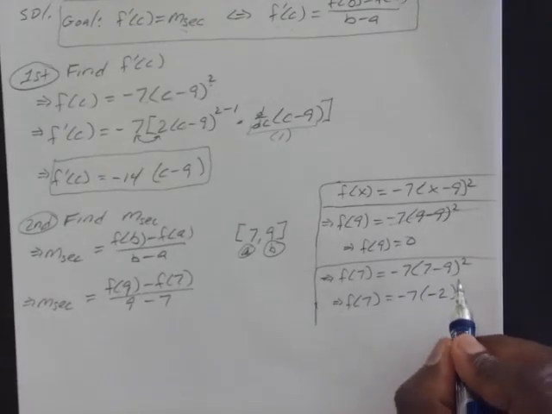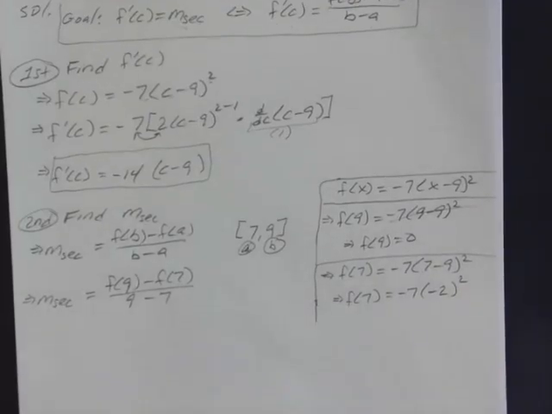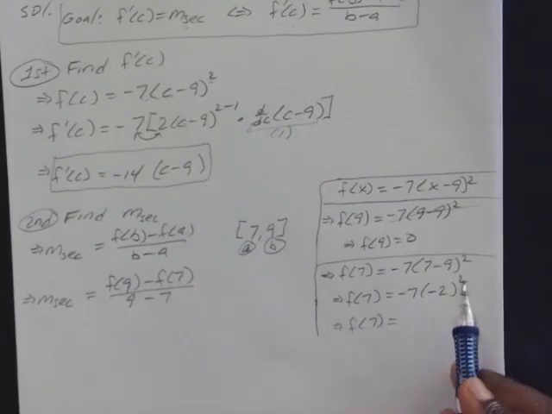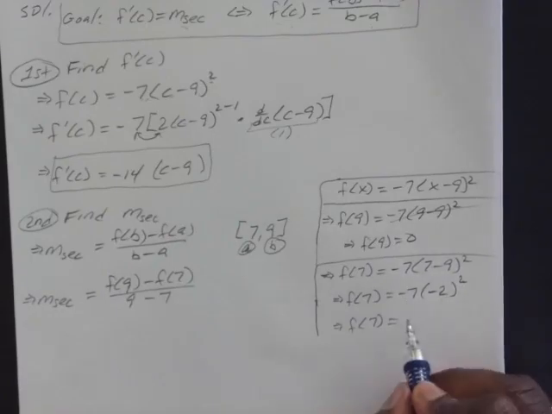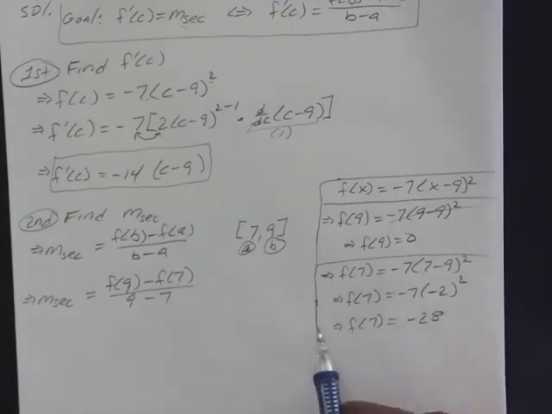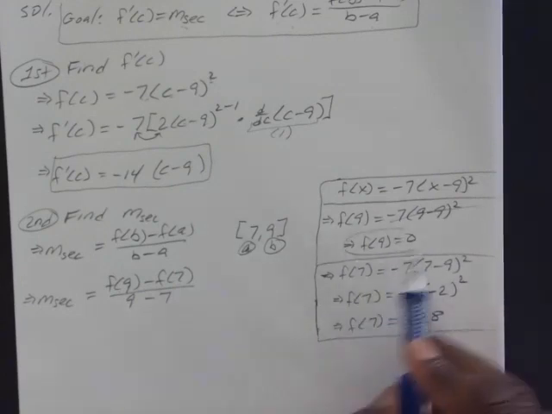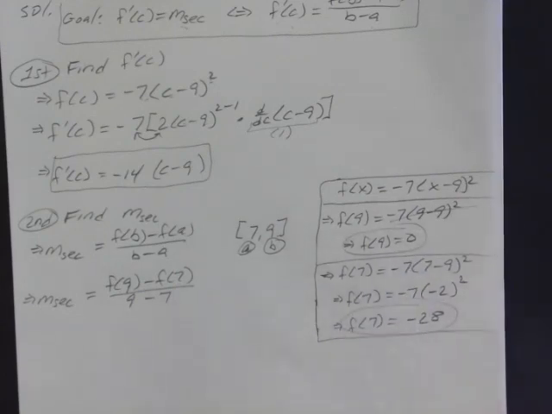That gives us negative 2 squared, so f of 7 is equal to negative 7 times negative 2 squared, which is positive 4. Negative 7 times positive 4 is negative 28. So we have our f of 9 and f of 7.